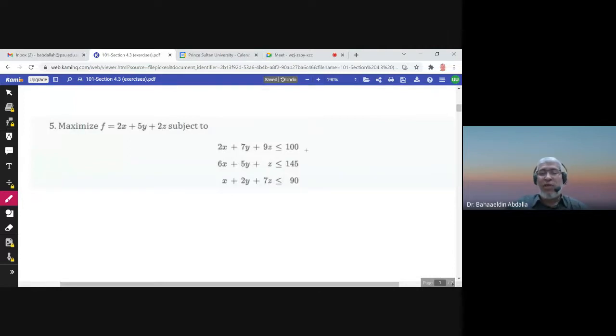We do the same here, but we have three variables. So 2x plus 7y plus 9z plus s1 would be equal to 100, and 6x plus 5y plus z plus s2 is equal to 145. x plus 2y plus 7z plus s3 is equal to 90.